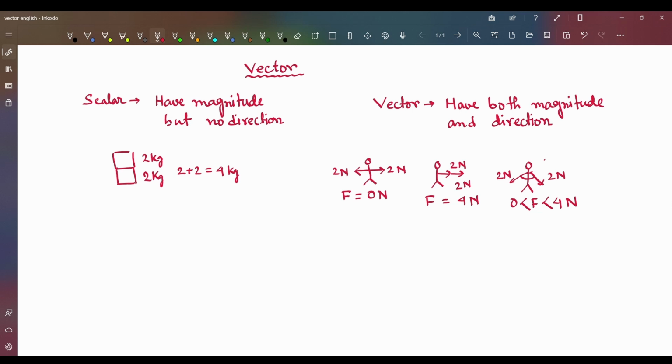Some examples of scalar quantities are mass, volume, speed, density, work done, flux, etc. Some examples of vector quantities are displacement, velocity, acceleration, momentum, force, etc.